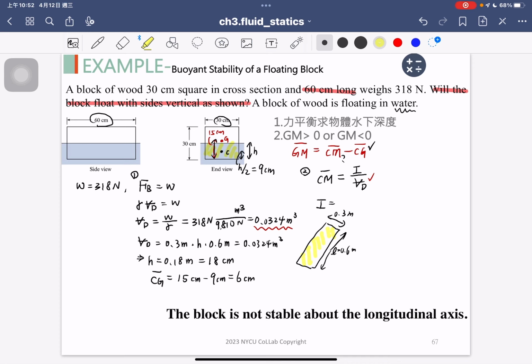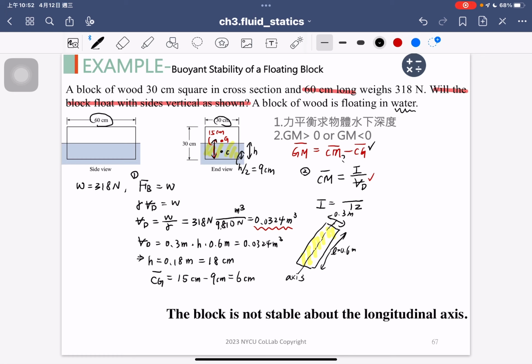This is a rectangular plate, and we know the second moment for a rectangular plate is over 12. And right now the rotation axis is along the long length, right? So the dashed line is our axis for rotating.